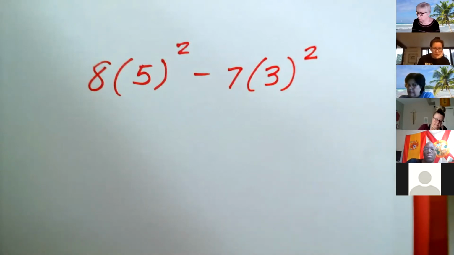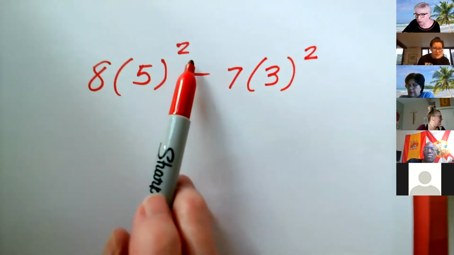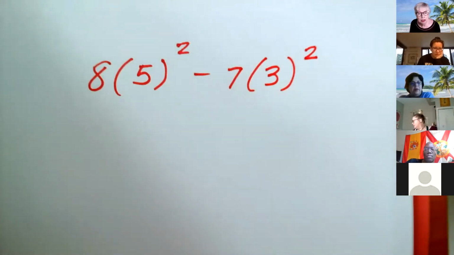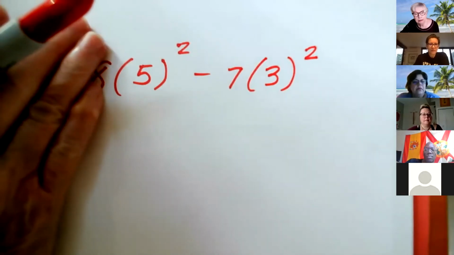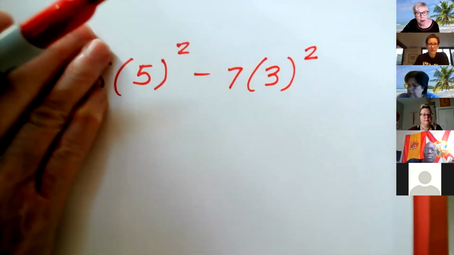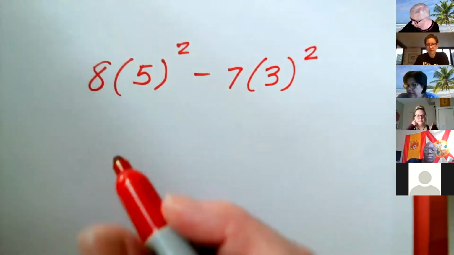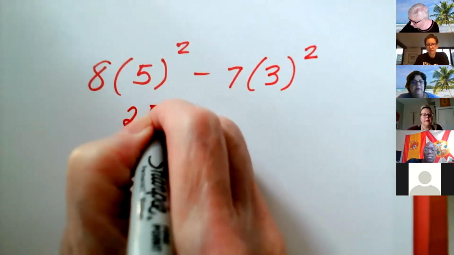We can do exponents. There's a square here, but which number is being squared? Is the 8 being squared? The 5 is. It's only the 5. The 5 is being squared, and 5 times 5 is 25.